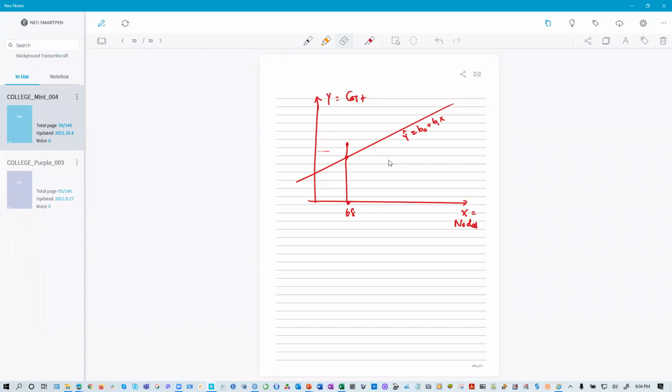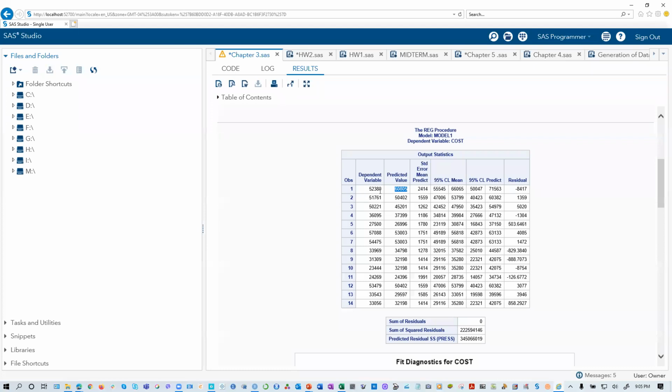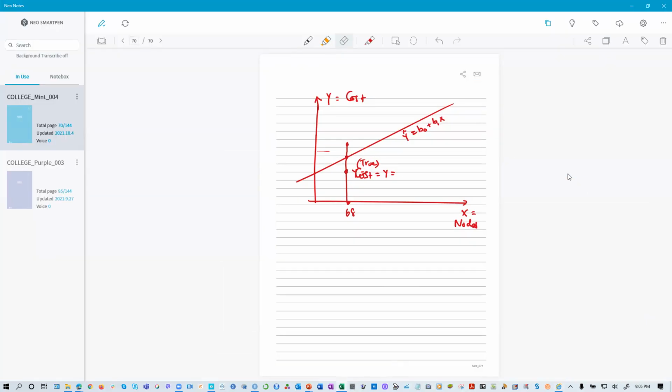So this one, I'm talking about this one. This is his Y value. This is the cost, which is Y. That's called the true cost, which is 52,388.